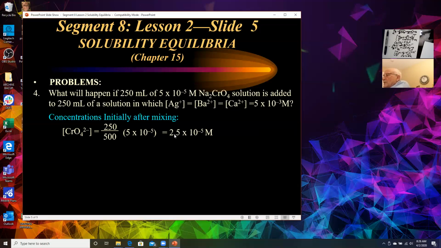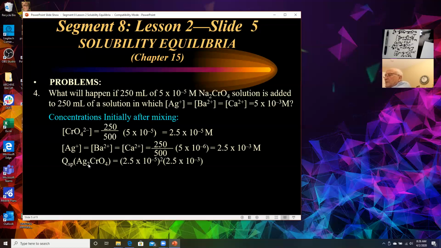So the chromate ion concentration now in this test tube is going to be 2.5 times 10 negative fifth. Now, the barium, silver, and calcium concentrations were all also diluted from 250 to 500 milliliters, so the concentration is going to be 2.5 times 10 negative 3 in each of these ions.